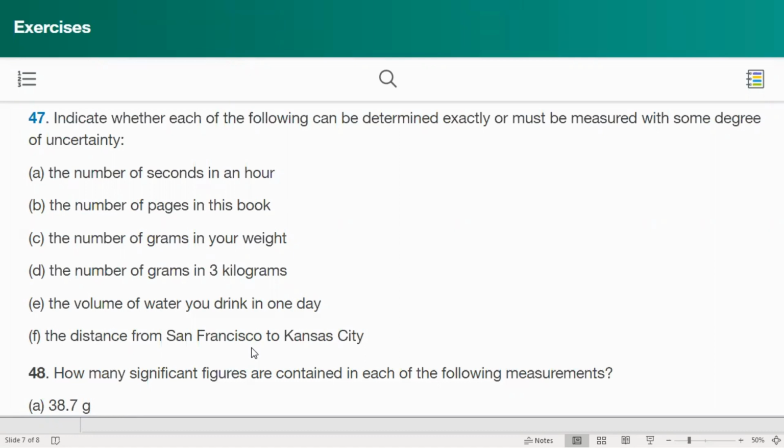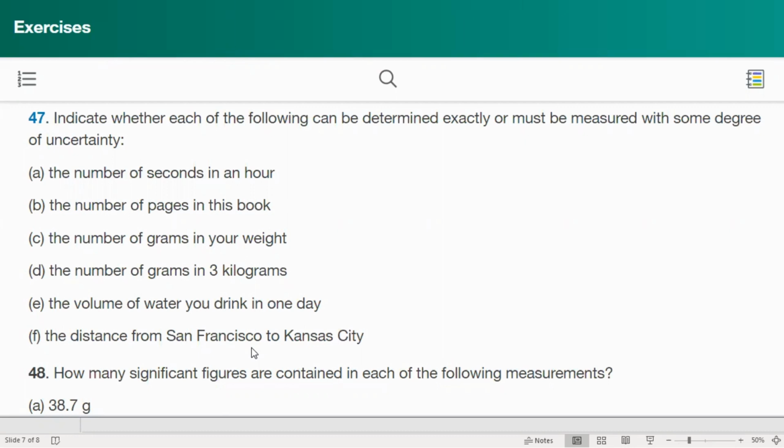There's no uncertainty, especially if you have a book with page numbers, that makes it easy to count. You can count it manually. There's no uncertainty. It's what we call discrete objects, well-defined objects, and you can count individual objects.